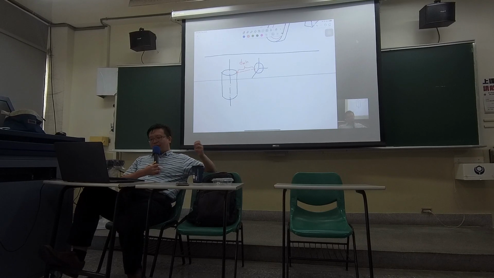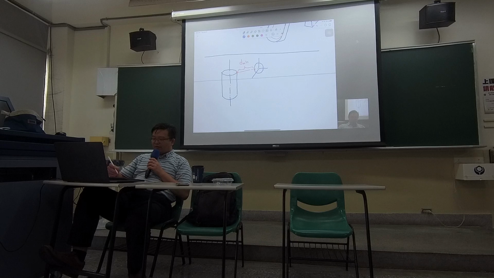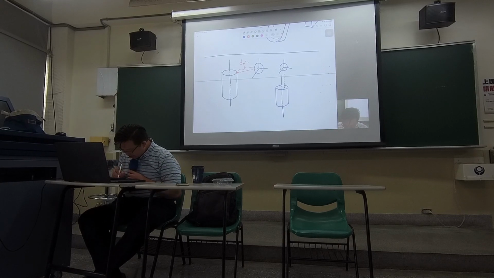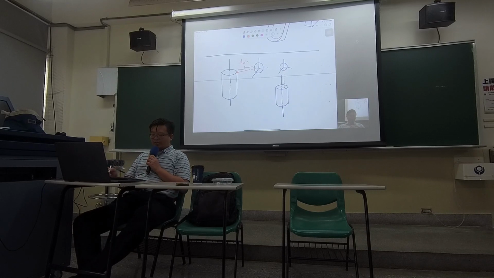However, in some configurations, for example, this is a different example. Now the obstacle probably is here. In this case, you are trying to find the projecting point here and the closest point there.